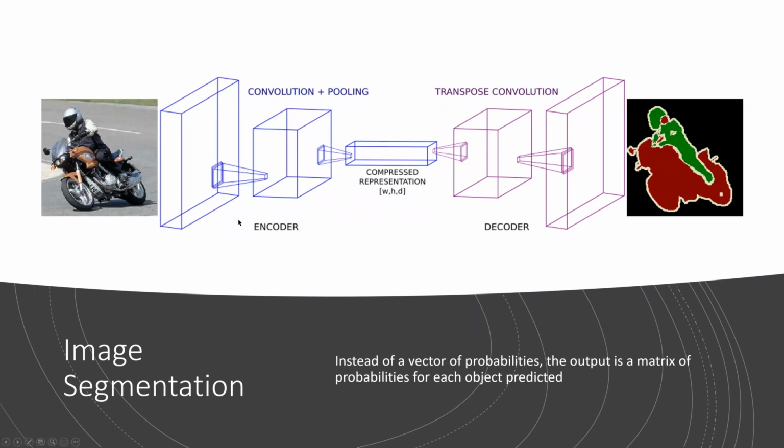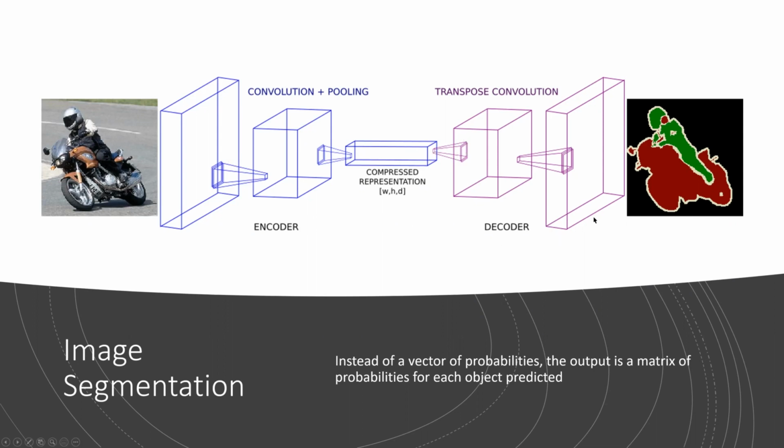It's very similar to the convolutional neural network, where we have those convolutional layers, where we start to decrease the size of the image, but increase the number of features that we are extracting from the image. This is called the encoder side of the U-Net. And then when we have the compressed representation, those are all the small features that we're extracting from this image, we start to localize those features in the image.